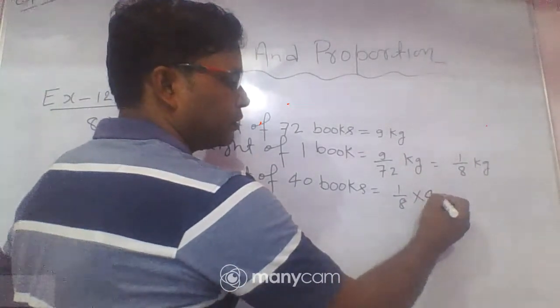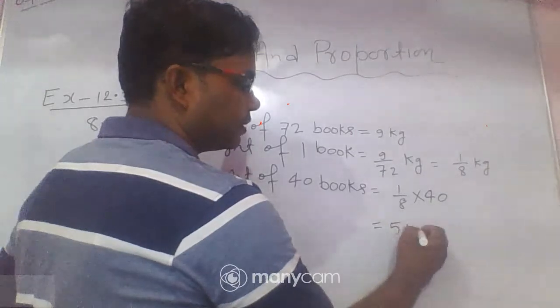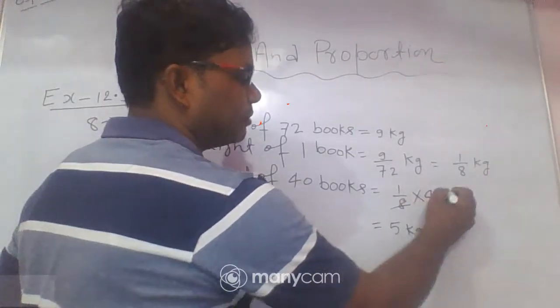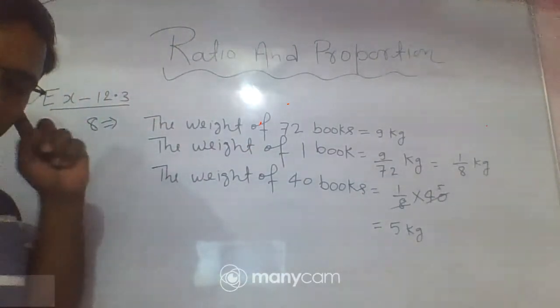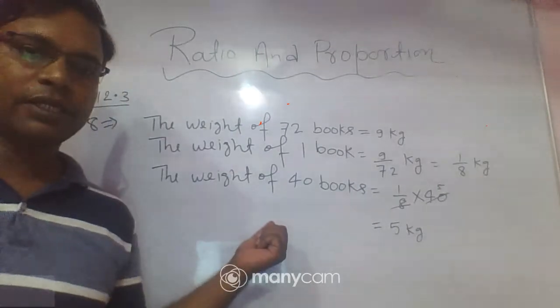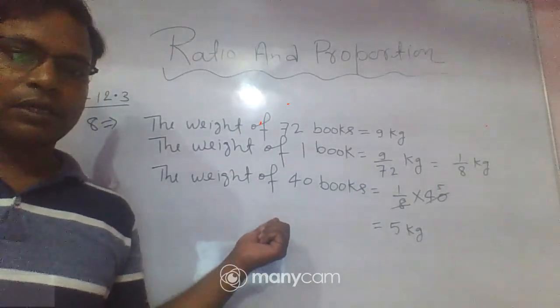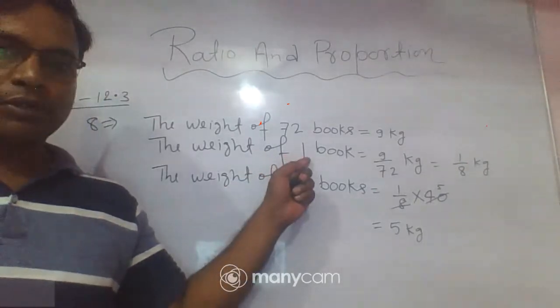So we need to find the weight of 40 books, so we multiply by 40. So you can see this is 5 kg because 8 fives are 40. Clear? This is clear.